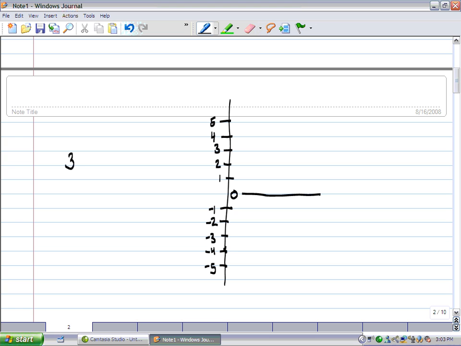So if I have, for example, 3 plus negative 5, first, when I come in, here I am coming in, I'm going to go up 3, and then, plus means also, or and, so then I'm going to go down 5. 1, 2, 3, 4, 5. So I'm going to end up at negative 2.